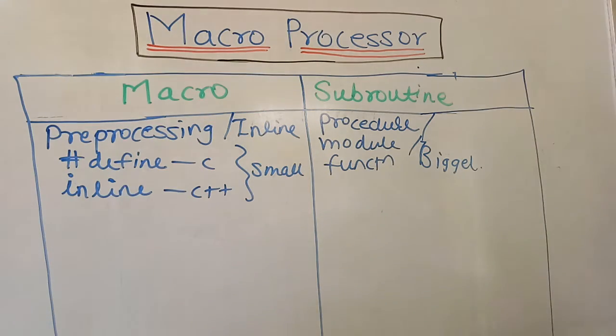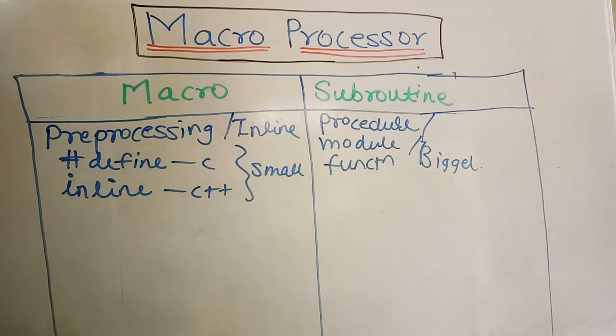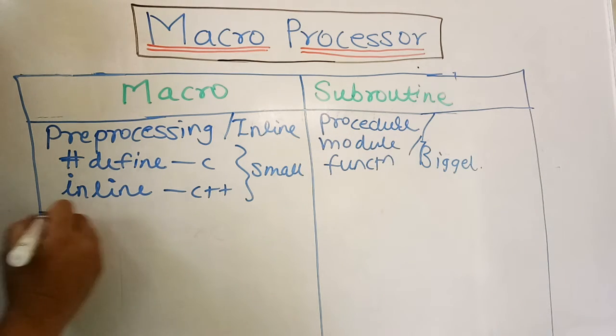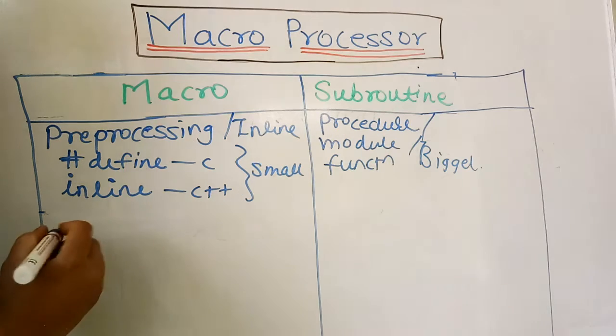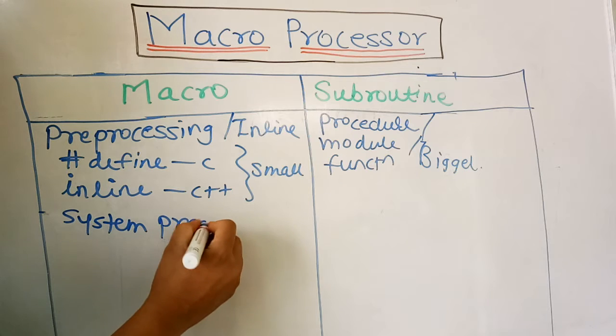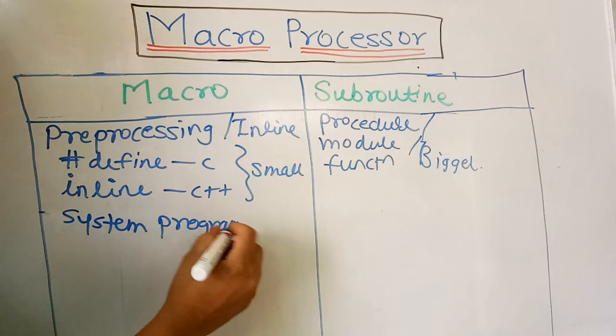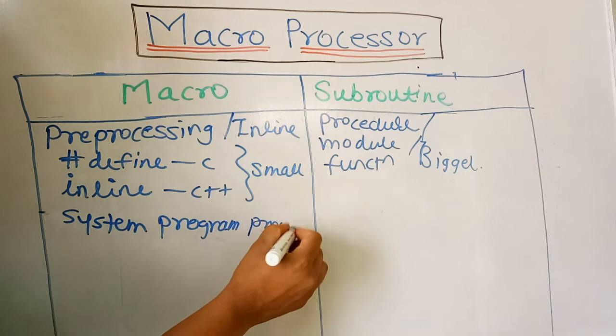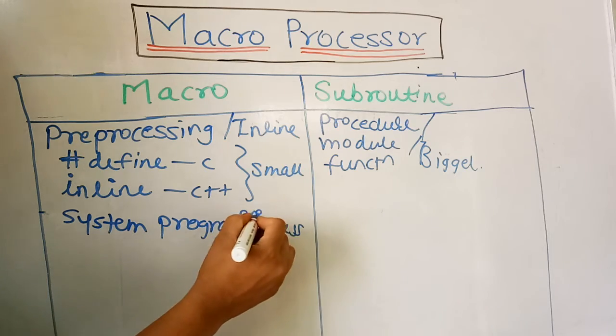From the facility point of view, what facility is actually provided by the macro? A macro requires special software, that is, systems programming, a system program preprocessor.